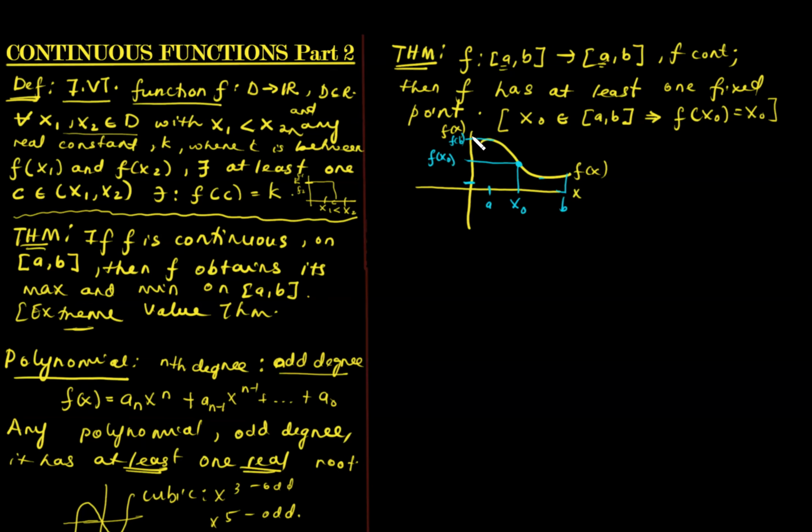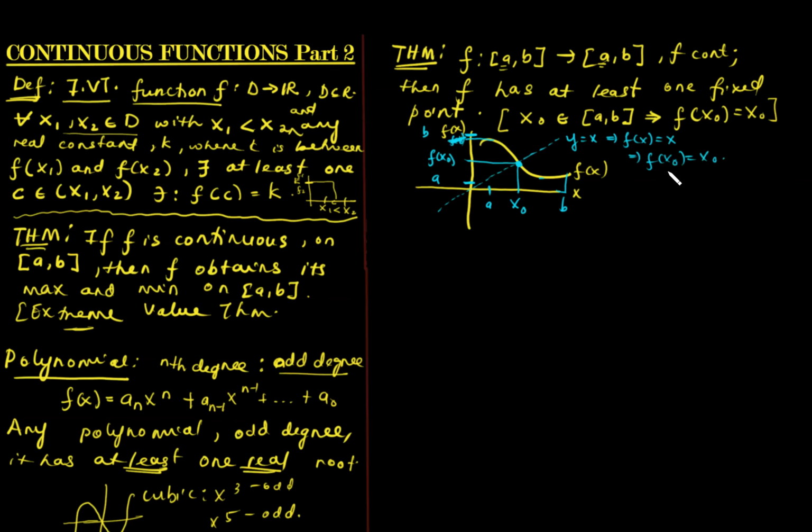They're both closed, a to b. So I can draw a straight line, and you all know this is called y equals x. In other words, this is f of x equals x. So if I plug in x naught, this is f of x naught equals x naught, right?